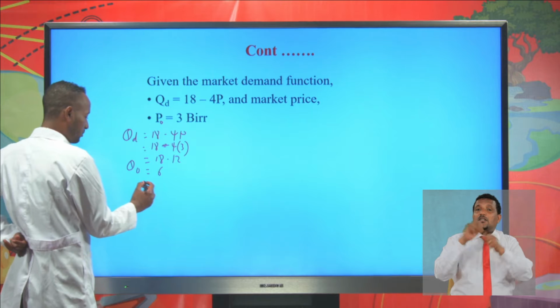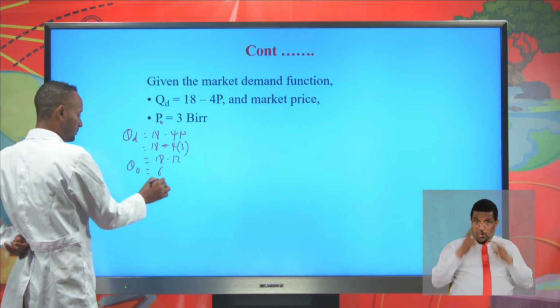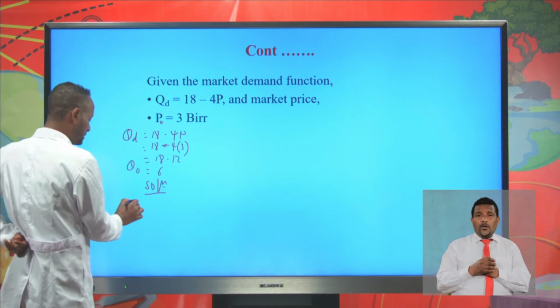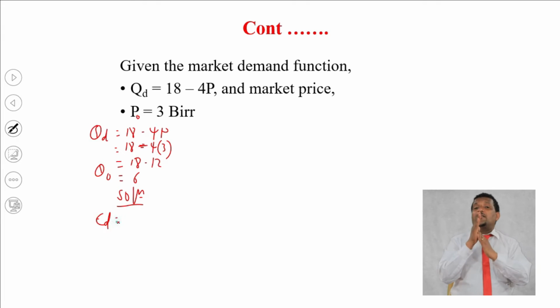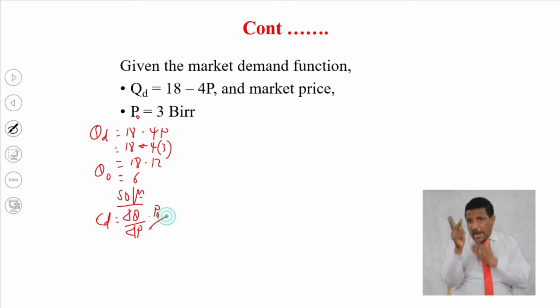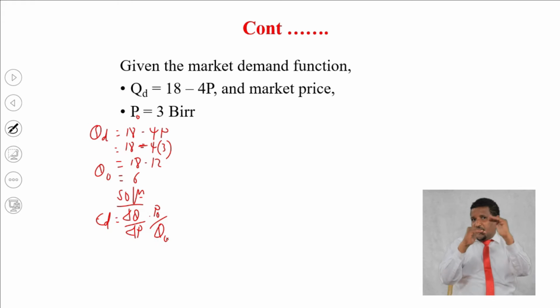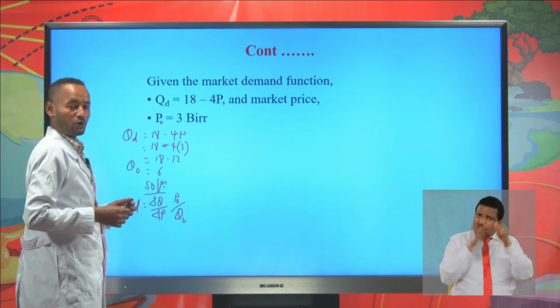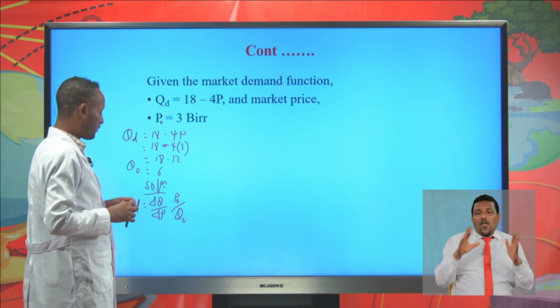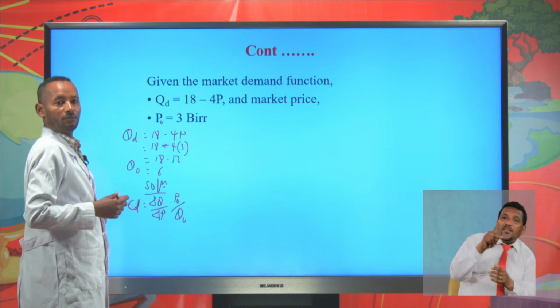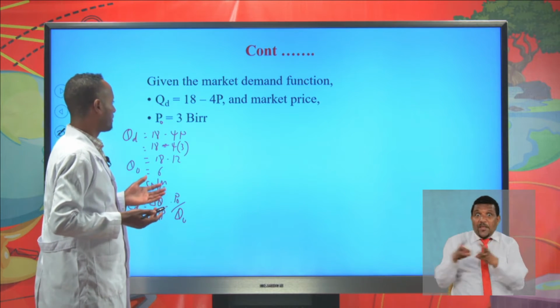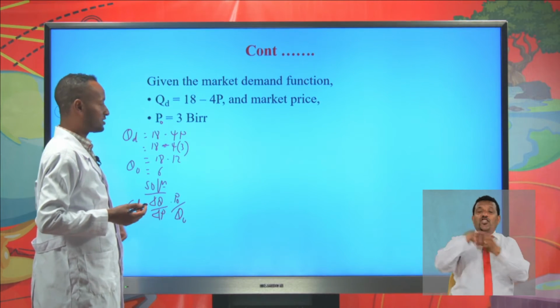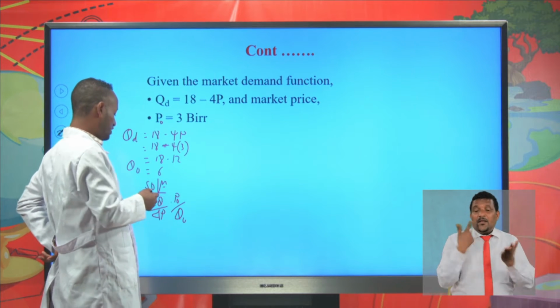When we come to the formula, the price elasticity of demand at a point is calculated by dividing the change in Q for the change in P, multiplied by the initial price divided by the initial quantity. But we have the initial price and the initial quantity, and we don't have the value of the change in Q for the change in P. There is a means of getting it.